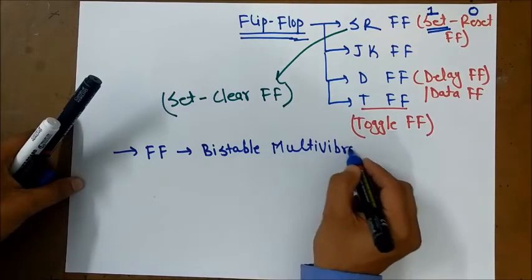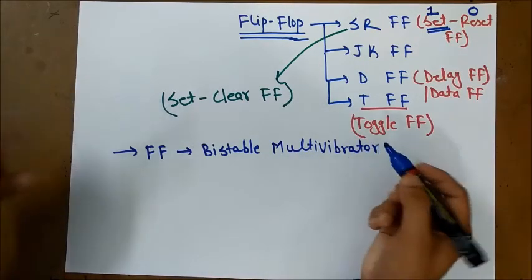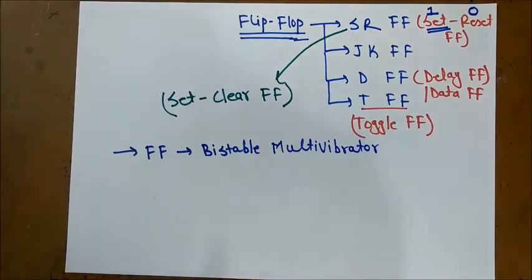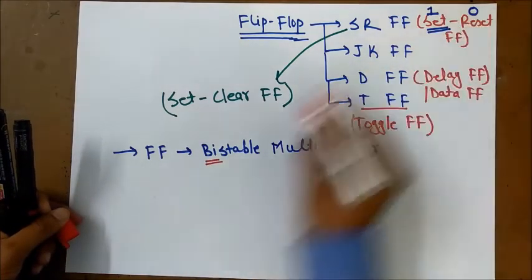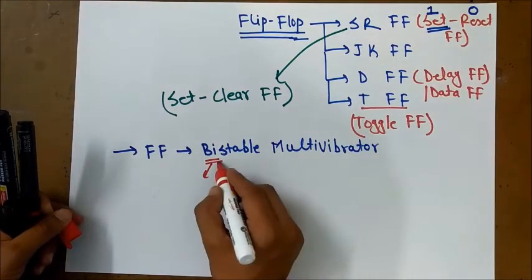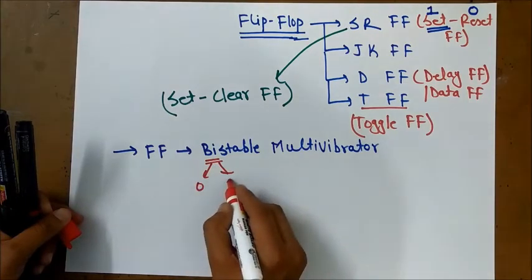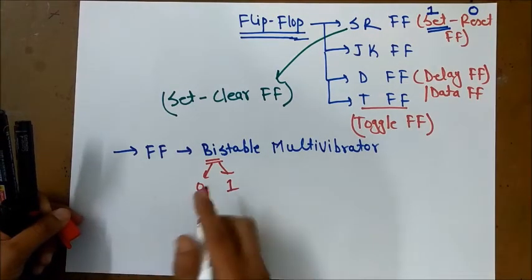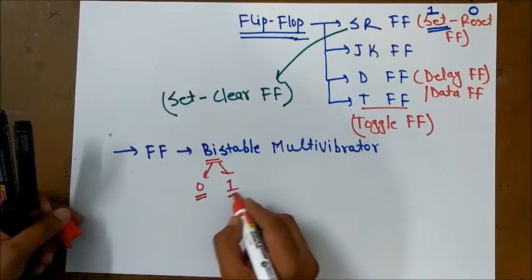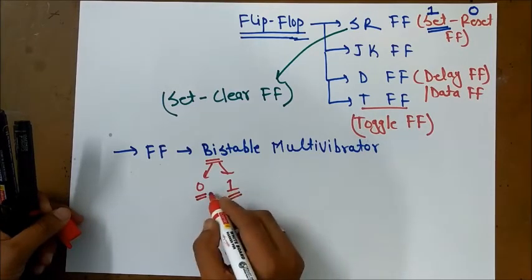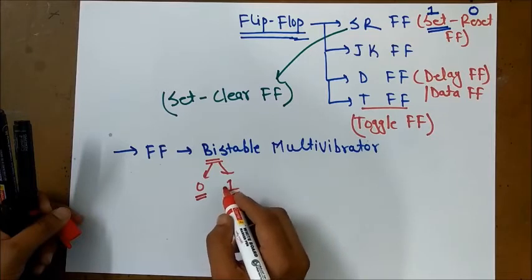Why is it known as a bistable device? Because it has 2 stable states. This bi represents 2. It has 2 stable states, either logic 0 or 1. It can remain in either of the stable states, either 0 or 1, for an indefinite amount of time until we change the input.